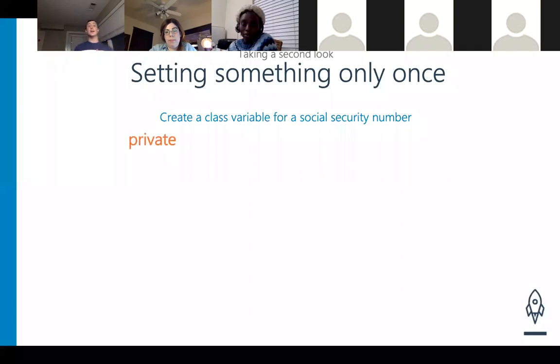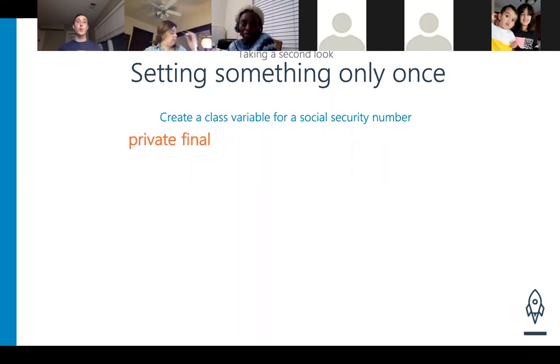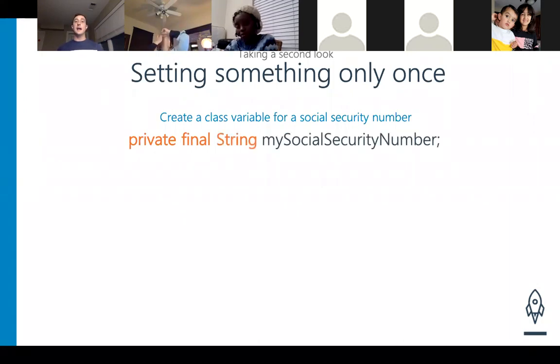So it would be a class variable, so we have to do it as private. Final, very good, because we want it to be constant. We don't want it to ever change, so it's private final. And then we're going to have the social security number as a string because it has dashes inside of it. So remember, if it's not going to change, it will be final.